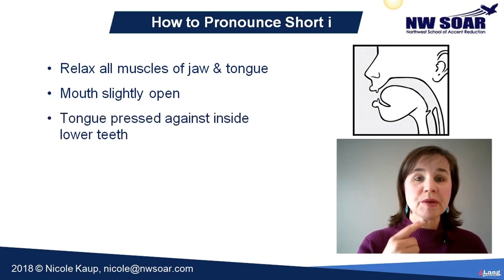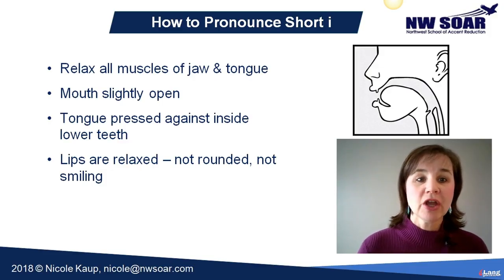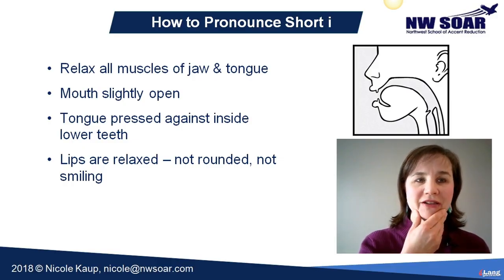Your tongue should be pressed against your lower teeth, like this, but your mouth will be more closed. Your lips will be relaxed. They are not rounded and you are not smiling. You want to have very little tension and very little effort. So let's just let it all hang loose.